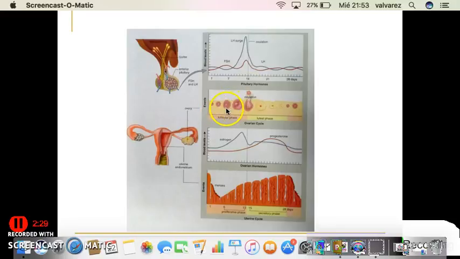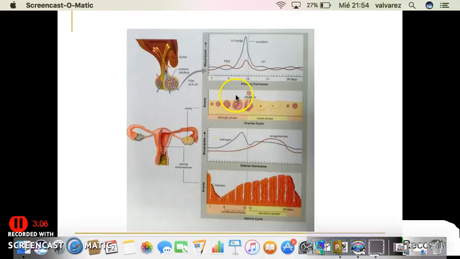At the very same time, I had said the follicle is responsible for the secretion of estrogen. Estrogen, this hormone shown with this blue line. And because of the estrogen being released into the bloodstream, what's taking place at the level of the lining of the uterus, the endometrial walls, is that the walls are thickening.